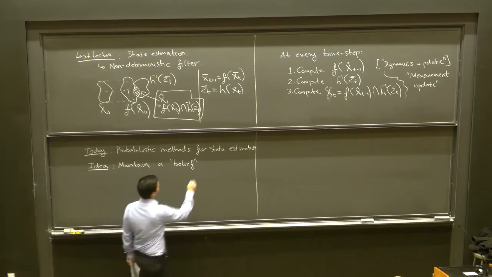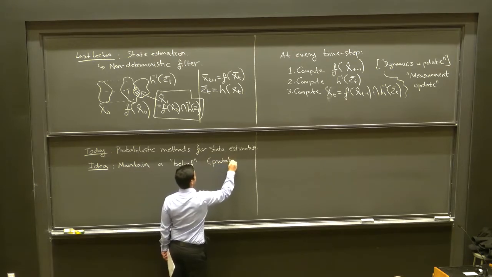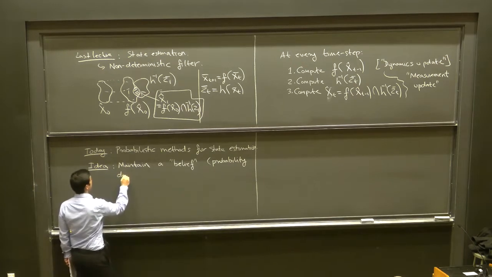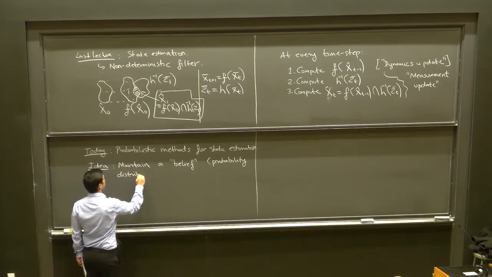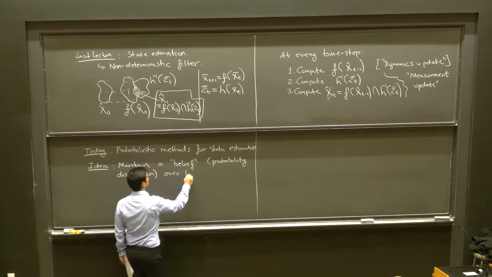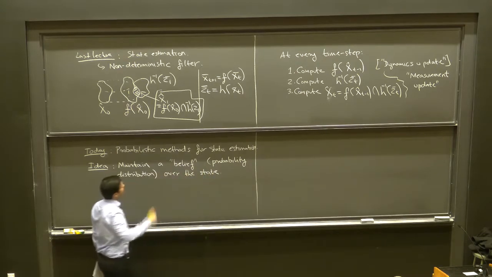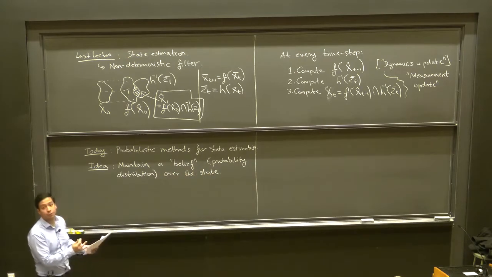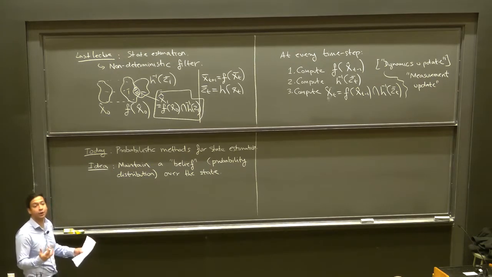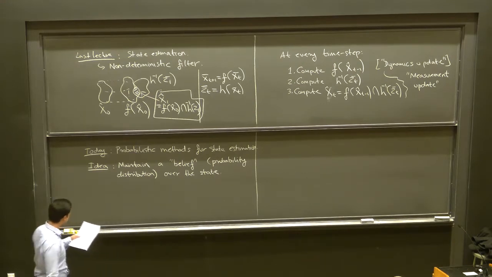So maintain a belief, which is really just a probability distribution over the state. So instead of just having a set of possibilities, this is a slightly more refined quantification of our uncertainty about where the state of the robot can be.